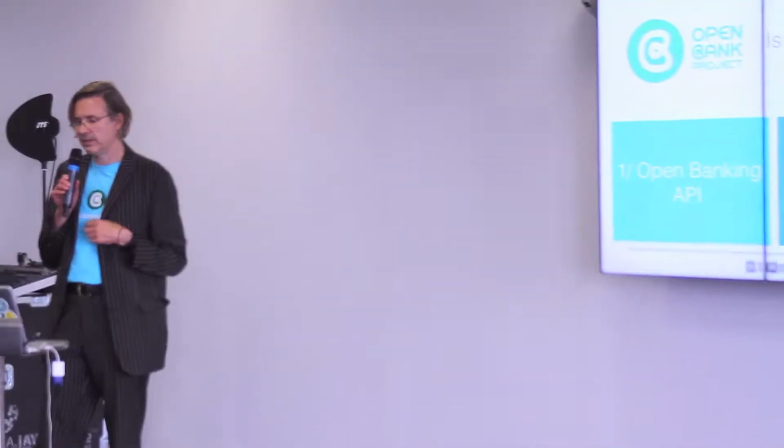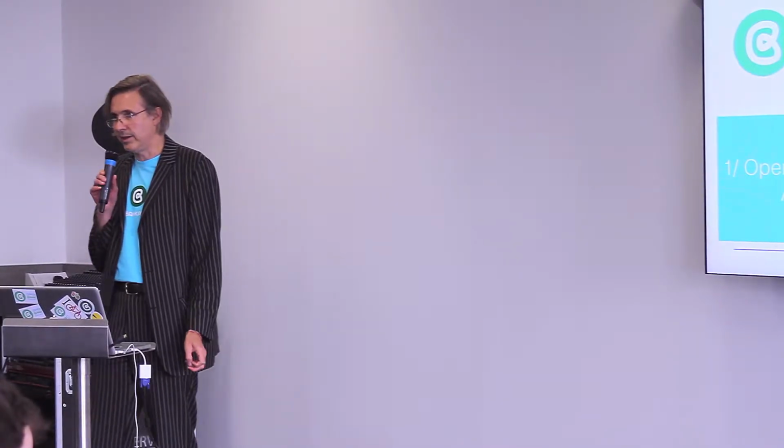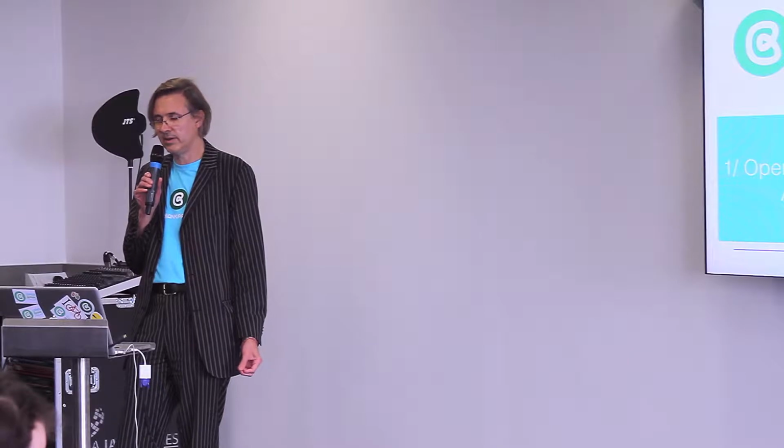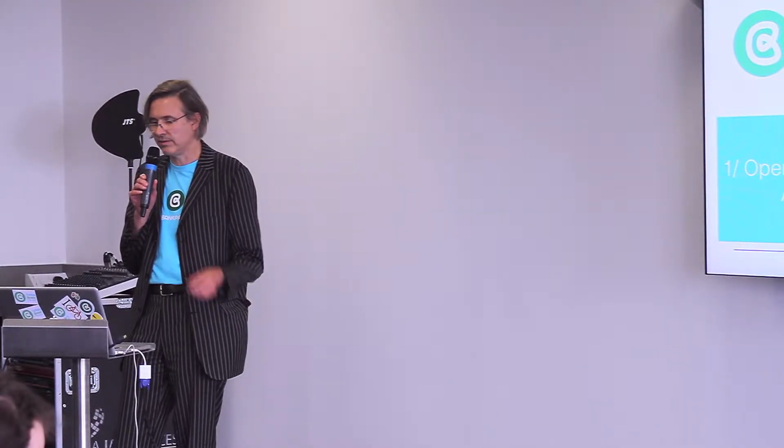We've been evangelizing about this since early 2010. The OpenBank project is an open source API for banks. We provide an open standard API that anyone can implement, and we provide a reference implementation of that.